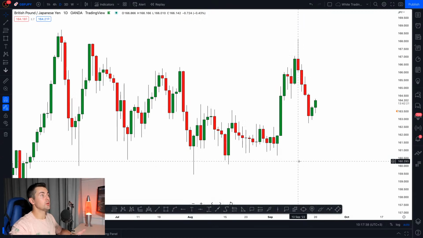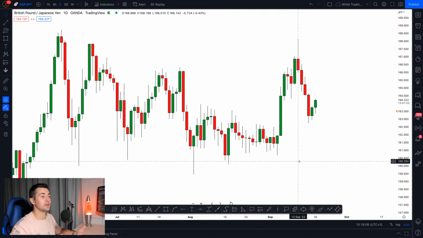So when we apply top-down analysis, we start our analysis from the top, from higher time frames. And by higher time frames, we consider the daily time frame and the weekly time frame. And 80% of the time we start our analysis with the daily. On a daily time frame, our task is to identify the current market trend and then to identify the key levels.